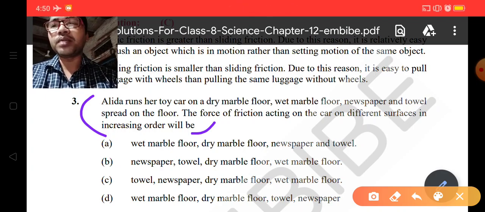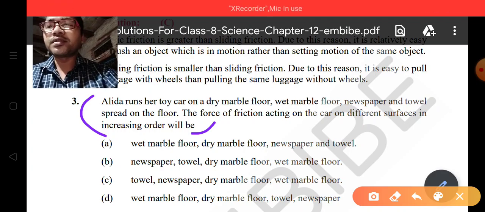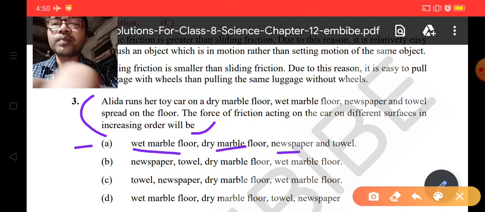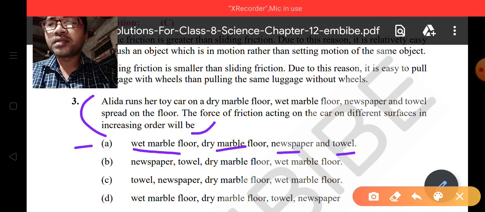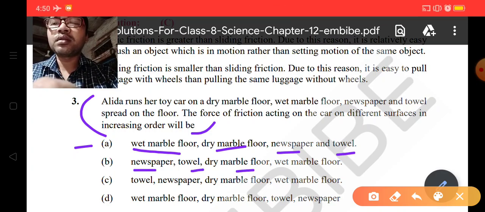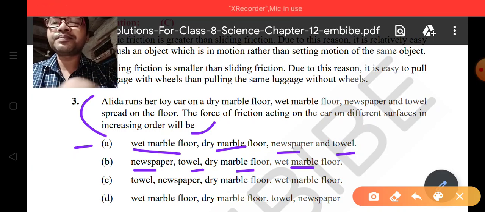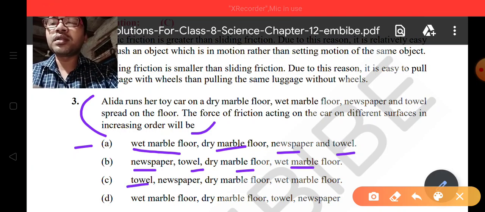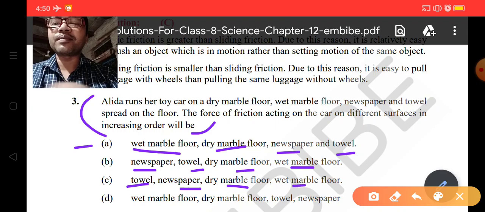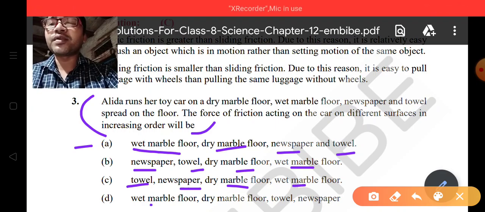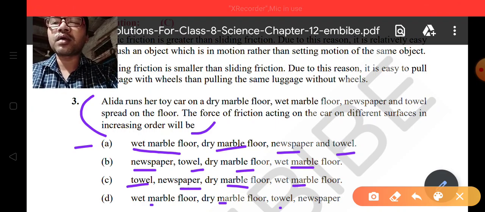So the minimum force, you can see the option number A, that is wet marble floor, then dry, then newspaper, and then towel. Second case, the newspaper, towel, dry marble, and wet marble. C, towel, newspaper, dry marble, wet marble, and fourth, wet marble, dry marble, towel, newspaper.